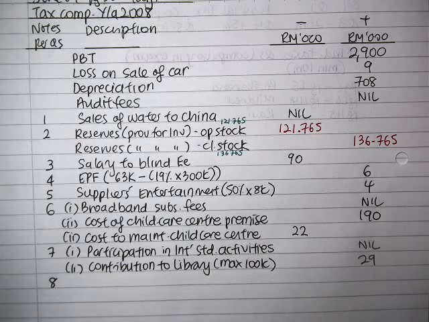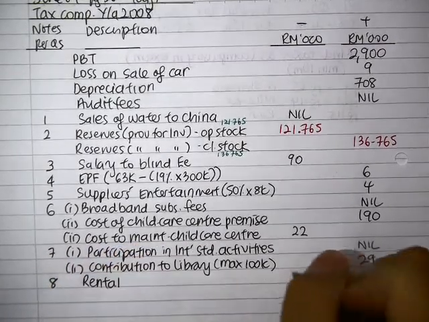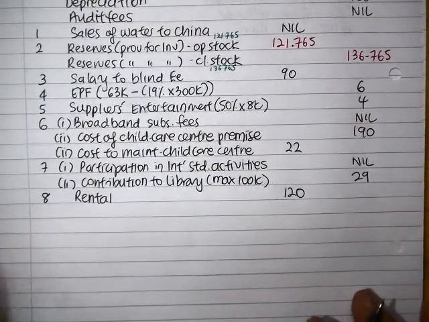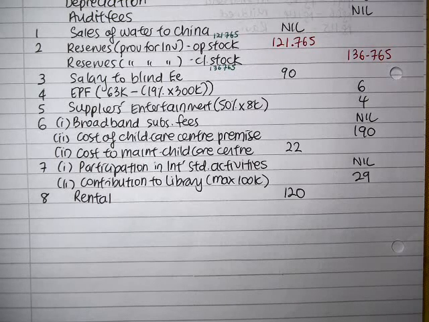But anyway, right now what do you do with the rental? You take it out, right? Because the rental falls into section 4D, correct enough? So that's why in this case the rental, I minus out 120. Okay, so you take out the rental. Alright, now note 8 done.